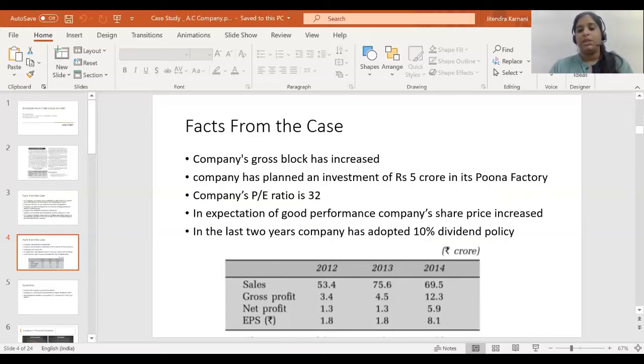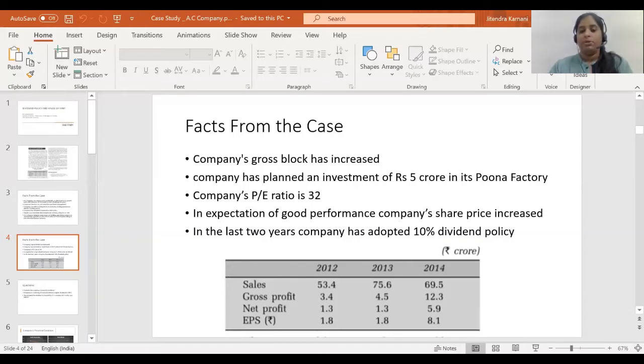Now what is PE ratio? What is the formula for PE ratio? PE ratio is the proportion you get by dividing market price by earning per share. PE ratio equals market price upon earning per share, which means the PE ratio is the number of times the investor is ready to pay as price for earning 1 rupee.